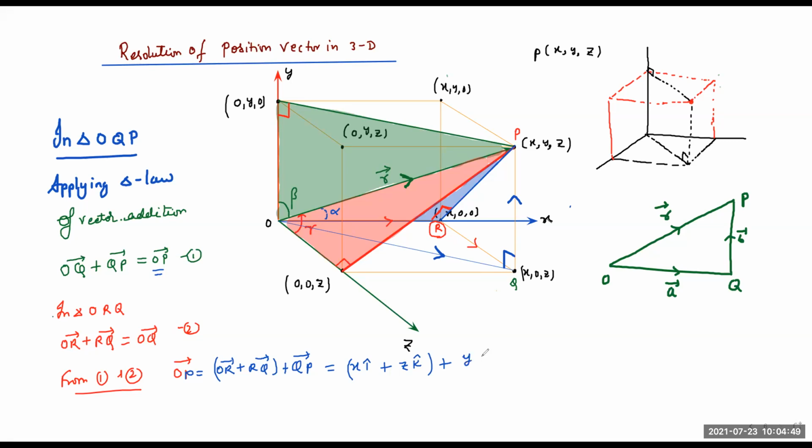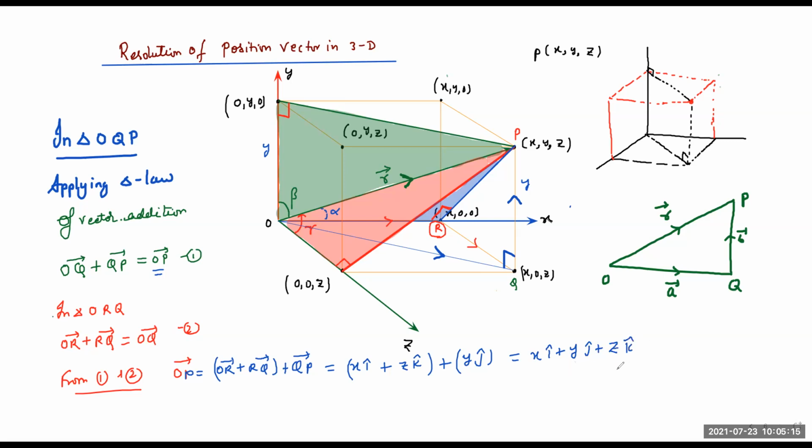The length is y, and the direction is j. So if you rearrange properly, it looks like x i cap, y j cap, and z k cap. If you look at the final answer, it's very easy.